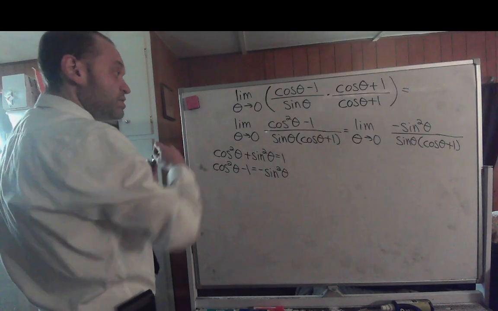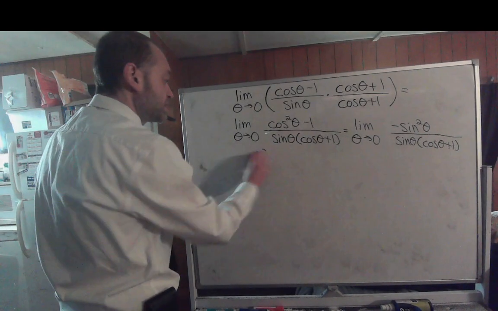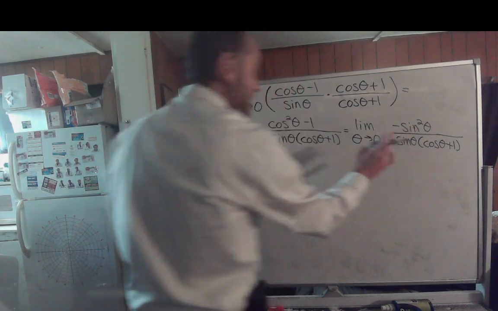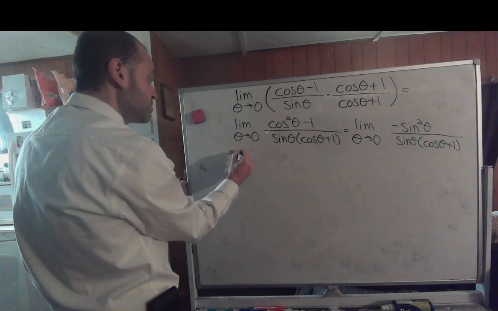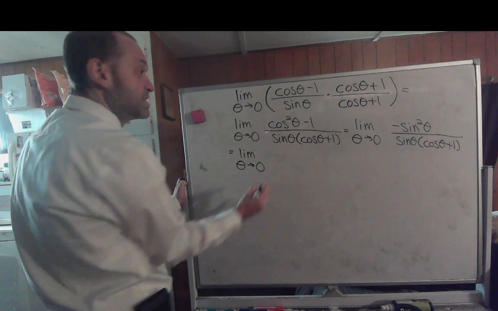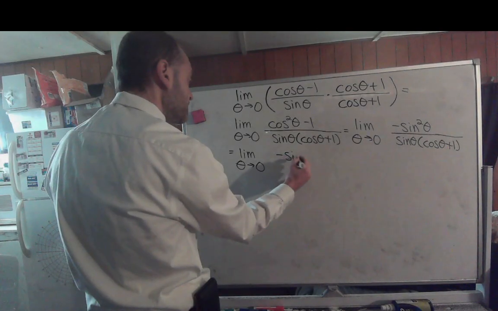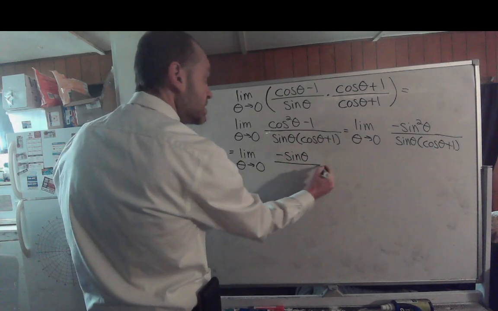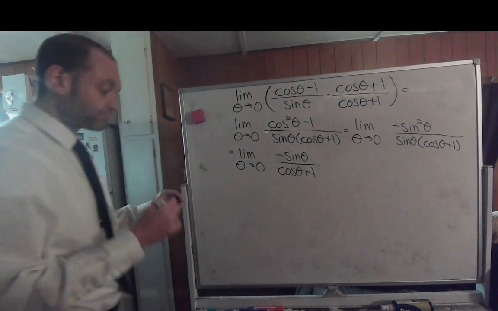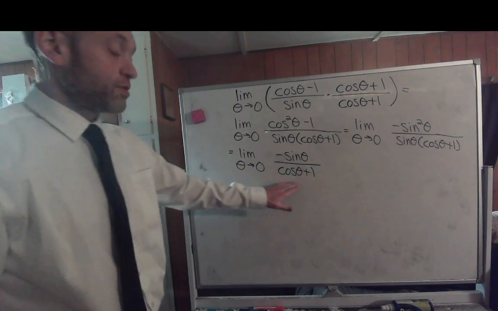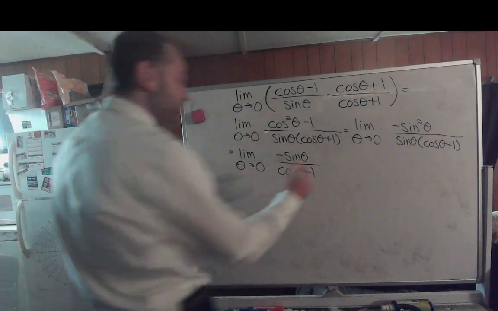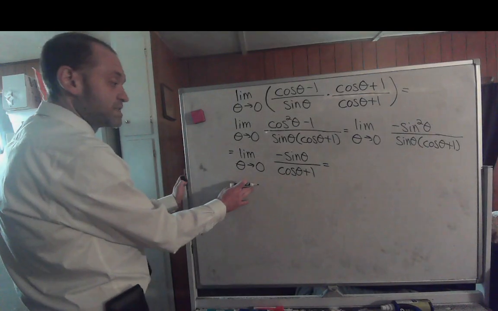Well, right now you still have 0 over 0, but it's about to get a little bit better because we notice we can cancel out a factor of sine of theta. This would turn into the limit as theta approaches 0 of negative sine of theta divided by cosine of theta plus 1. If you put 0 in, the denominator is 2, because you can now do direct substitution.